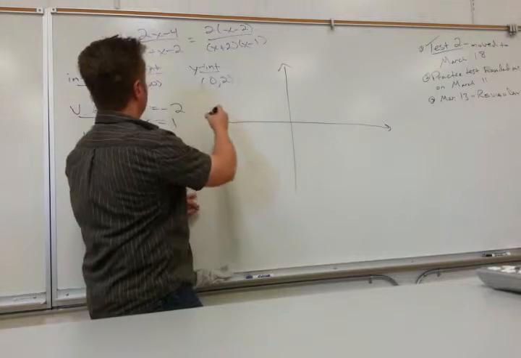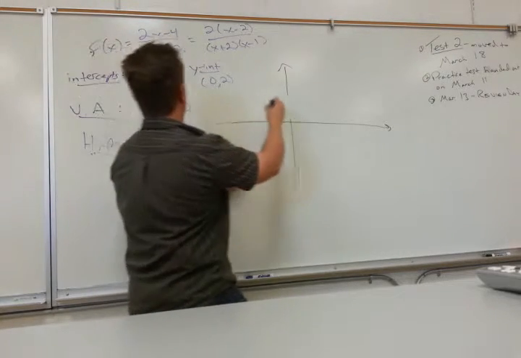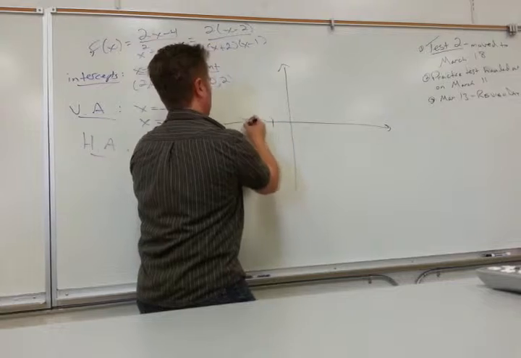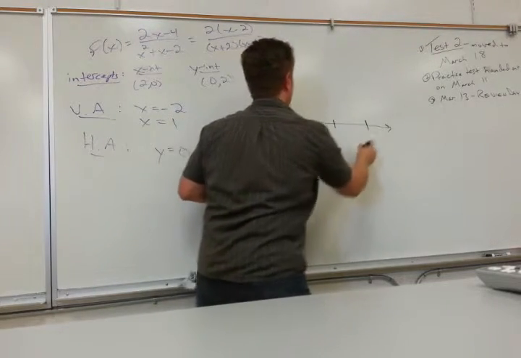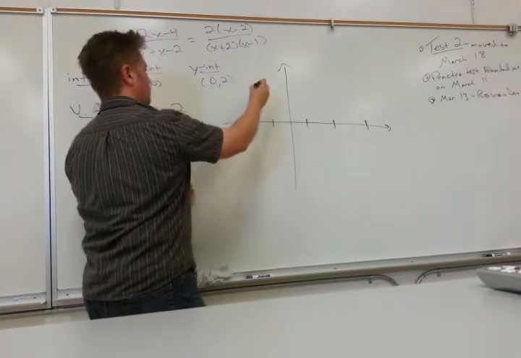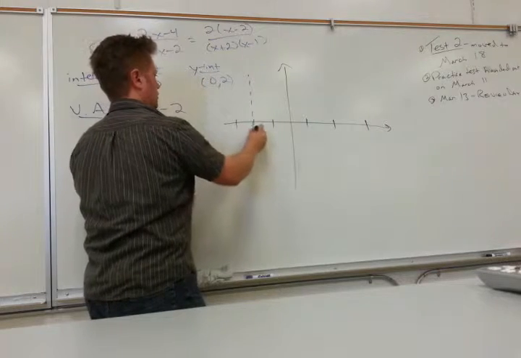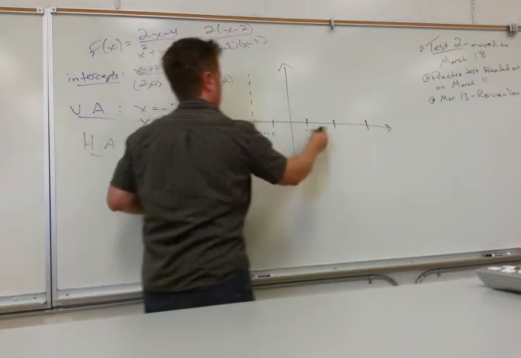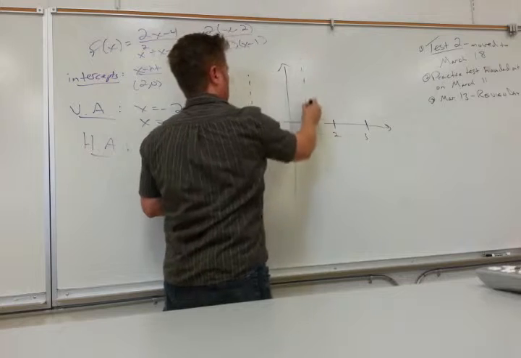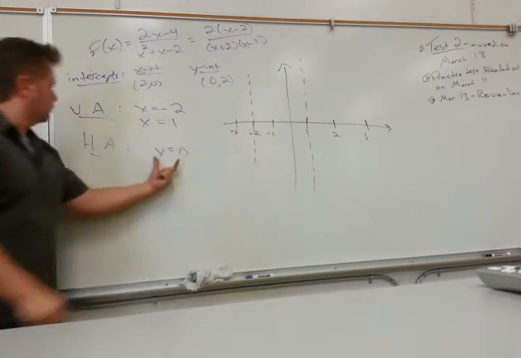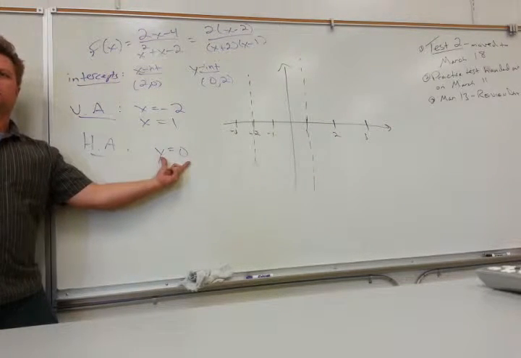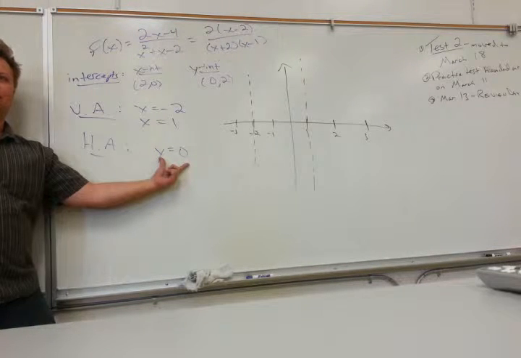So I've got walls at negative 2 and 1. I've got a horizontal asymptote at y equals 0, which is also known as the x-axis.